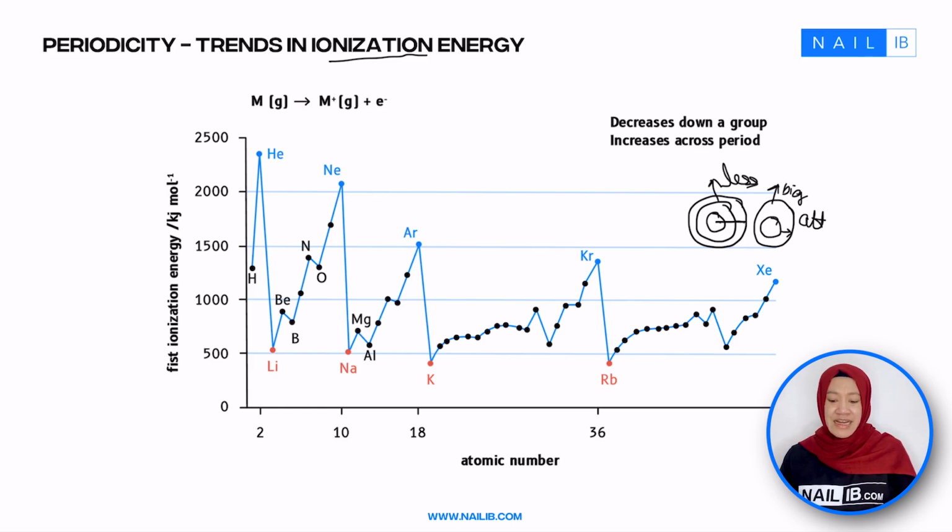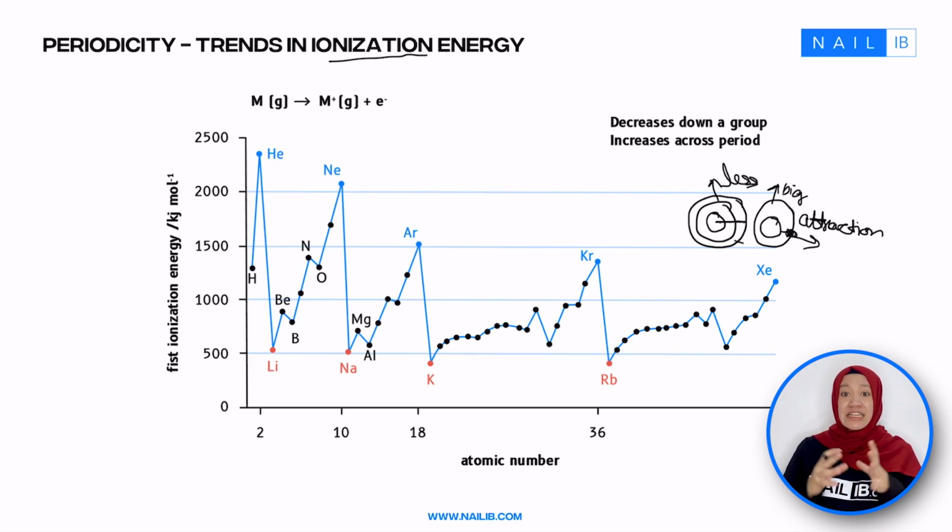Because it has this stronger attraction, to remove the electron here is quite difficult compared to this one, right? So that's why when you go down a group, the atomic radius increases, the attraction force decreases, so the amount of energy required to remove the electron also decreases.